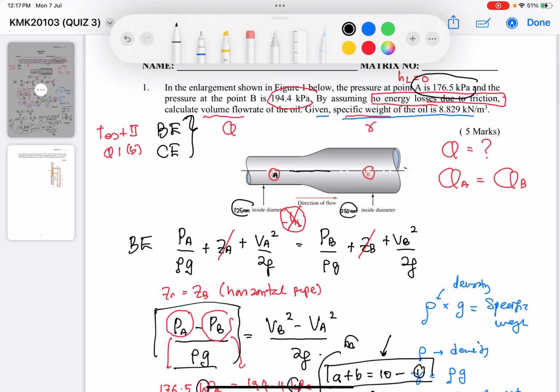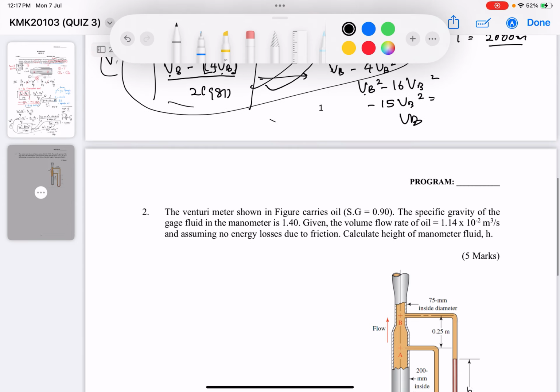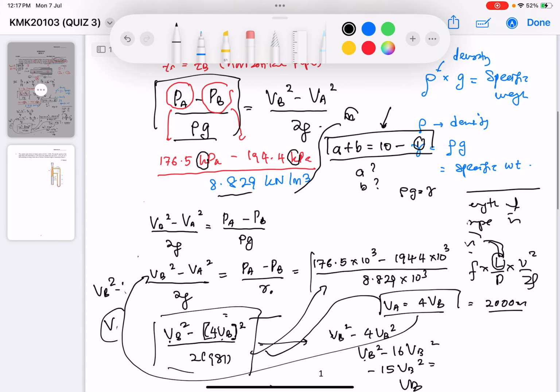As I keep mentioning, the Bernoulli's equation and continuity equation are applicable as long as the fluid, for example the oil, is flowing from one point to another. So we can always apply them. This one should be straightforward.